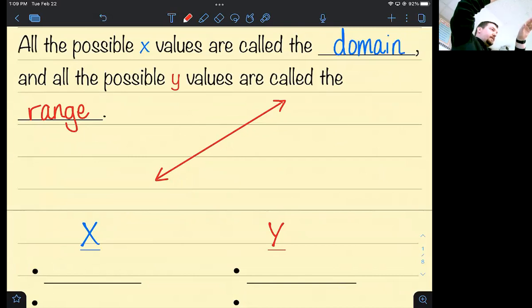So there would be a minimum value on that parabola, and that would affect the Y, which would be my range. You'll talk more about that next year. We'll look at it some today, but I don't think you're going to have any homework questions about that, because we're going to be looking at linear functions primarily this year.